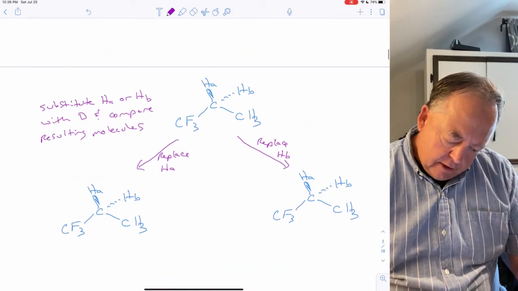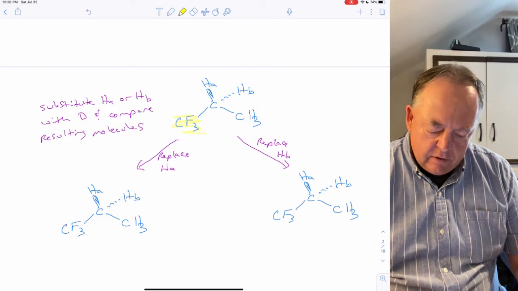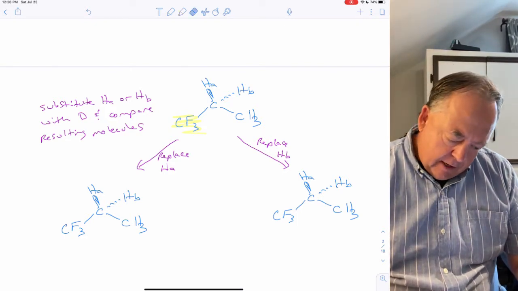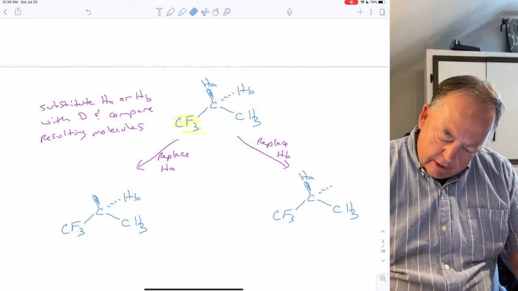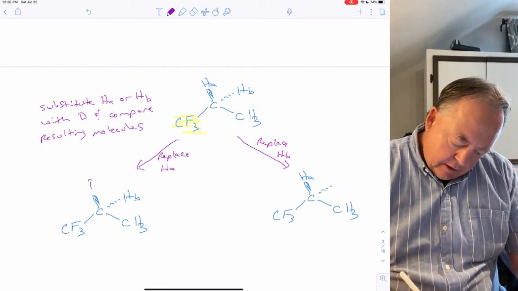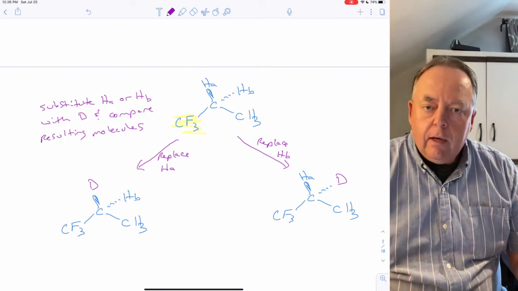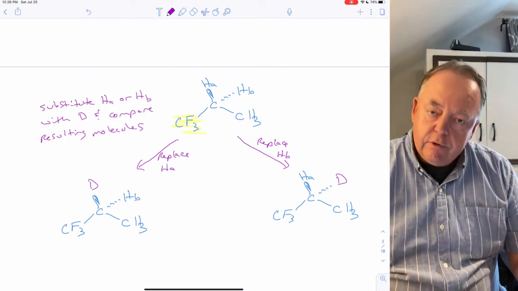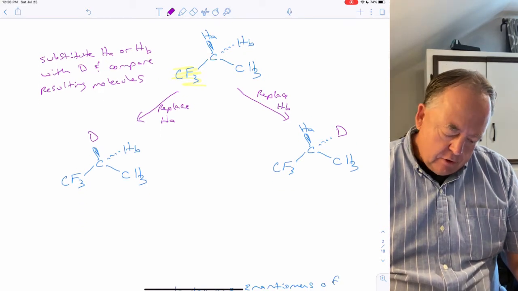Okay, so if we take this molecule where we've changed one of the CH3s to a CF3. Now if we do the same, if we swap out HA or swap out HB and put something else there like deuterium, are those two molecules the same, or are they enantiomers, or are they diastereomers of each other? Well, now these molecules are not the same, right?